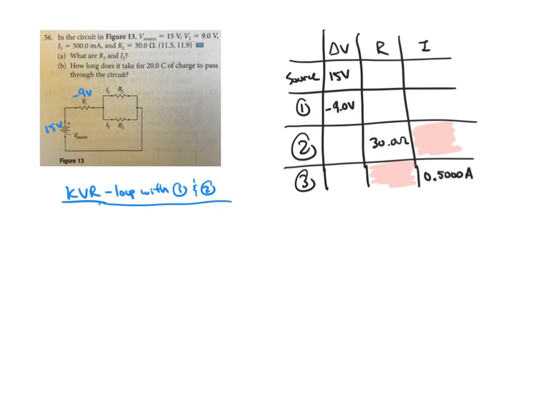So in this loop, I've got a 15 volt gain at the battery, or the source, must be balanced by the negative 9 volt drop at load number 1, and another voltage drop at load 2.